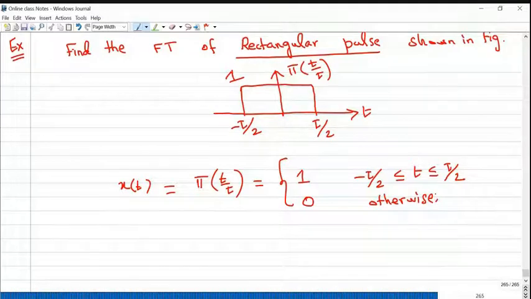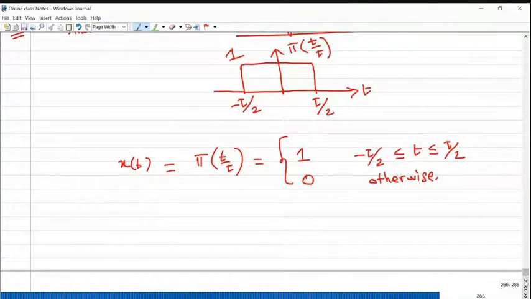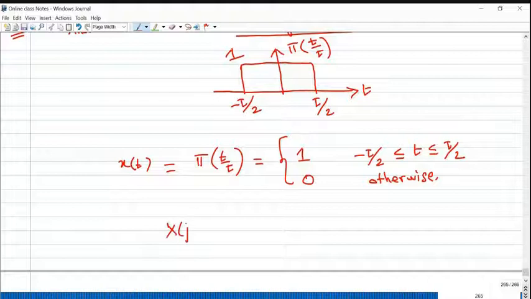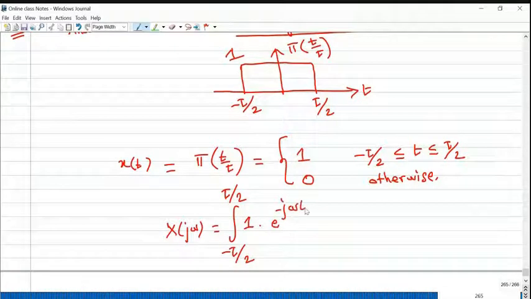Okay, now it's very simple. You identify the integration limit for this signal directly. So X of j omega equal to integration from minus tau by 2 to tau by 2. What is the magnitude of the signal? 1. E power minus j omega t into dt.